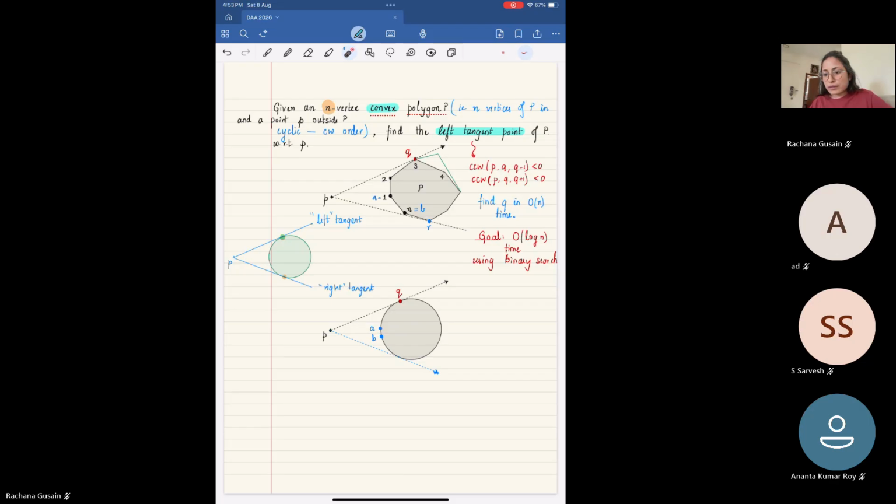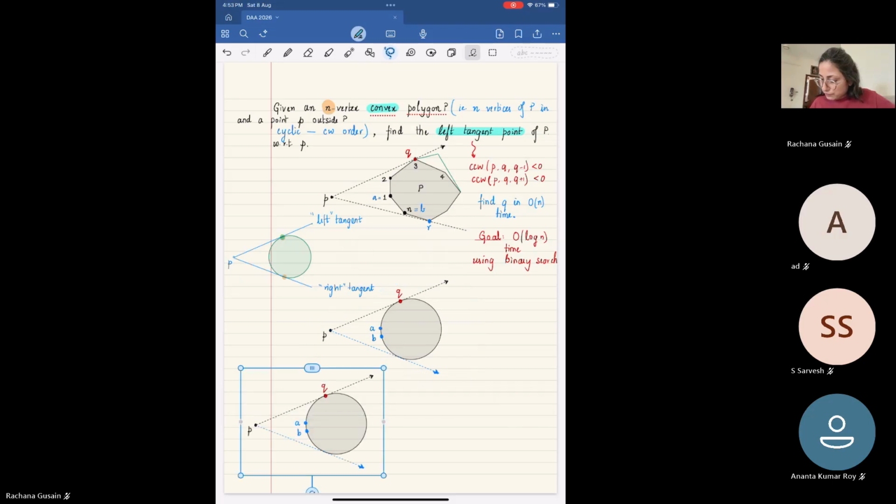If it is outside, then fine. If it is inside, then again there can be two cases. So let me quickly copy this figure. Things will be easy if you understand that.